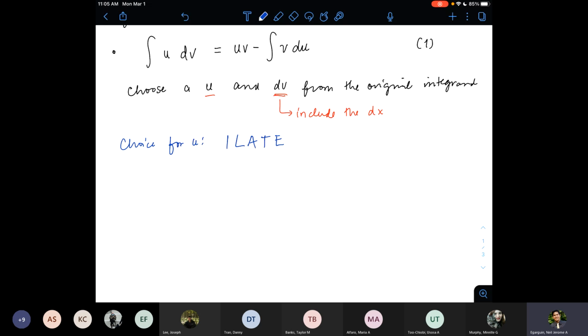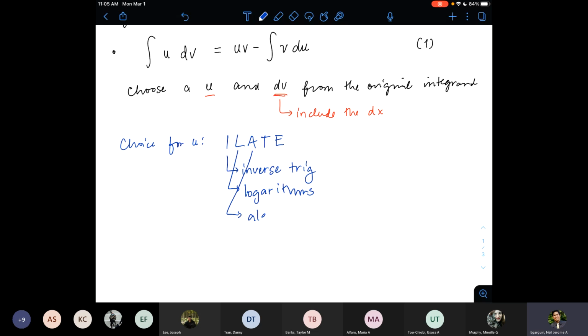You can remember the mnemonic ILATE. This mnemonic gives us the order of precedence or the hierarchy for choosing the function u. If your integrand involves an inverse trig function, and that's what the I stands for, that would be your first choice for the u. And it should be followed by logarithms.